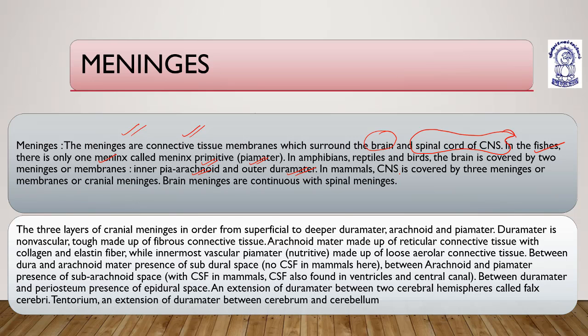In mammals, CNS is covered by three meninges or cranial meninges. Brain meninges are continuous with spinal meninges. So in fishes, only one, that is pia mater.